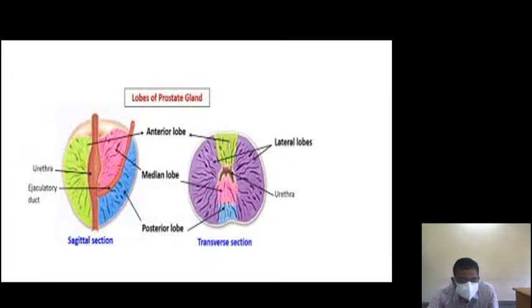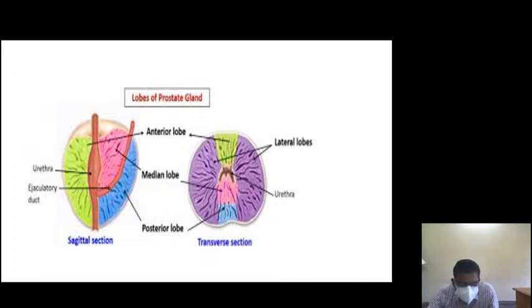So this is the coronal section of the prostate, but if you look in the sagittal section, you can see this is the anterior lobe, and this structure you are seeing is the ejaculatory duct, and this is the seminal colliculus, and now this is the urethral crest, right?